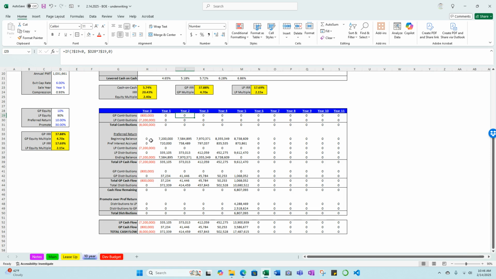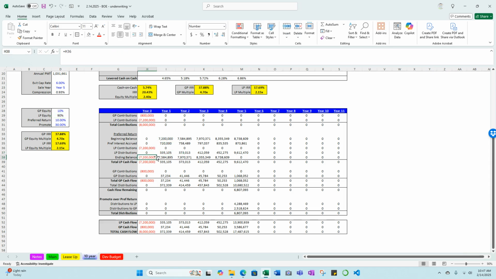So for the beginning balance, put in 0 here. Pref accrued 0. LP contributions are referenced from above. LP distributions are 0. Come back to that.